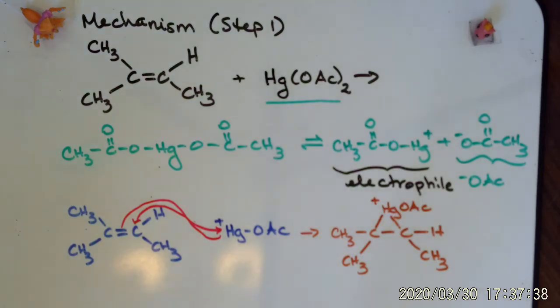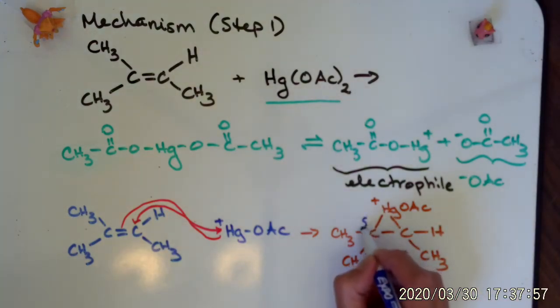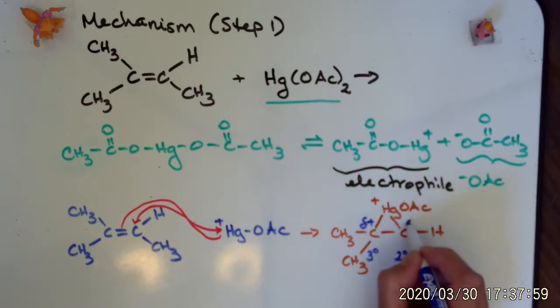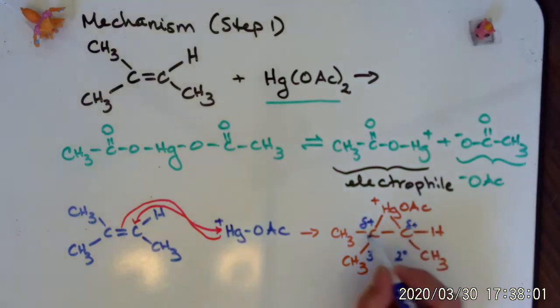Now what's interesting is, let me just talk about this cation before we continue. Because of the asymmetry here, this is 1, 2, 3. This is a tertiary carbon. This is a secondary carbon. If I distribute this positive charge, the tertiary carbon can stabilize my positive charge a lot better than my secondary carbon can.